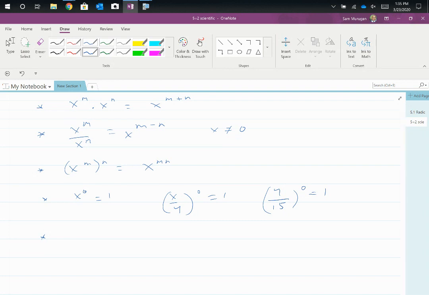The product rule says we can split up xy to the power n to give x to the power n times y to the power n. And as applied to quotients, x over y to the power n is x to the power n over y to the power n. Alternatively, if we have x over y to the power negative n, all we would do is flip x and y and the power would change to positive.